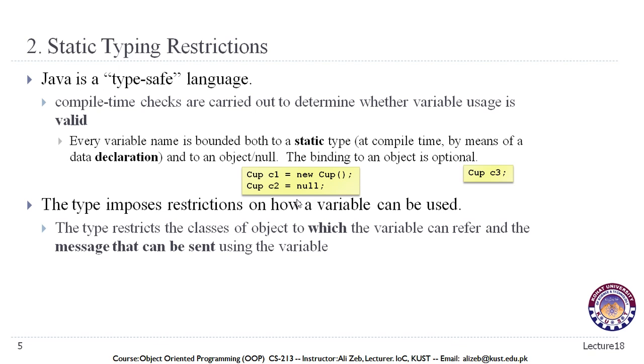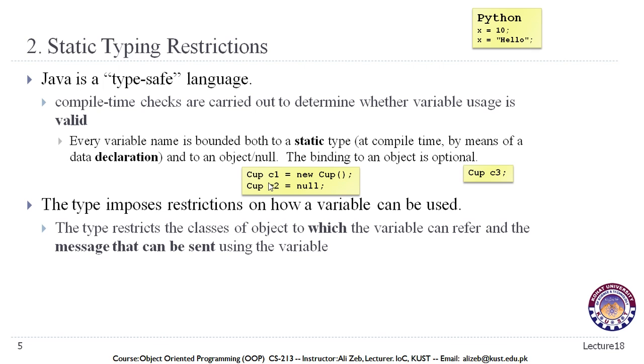In simple terms, if we have declared this object as a variable of the cup class, then this object is bound to access the variables in this class only and call the methods from this class, or its superclass or subclasses.